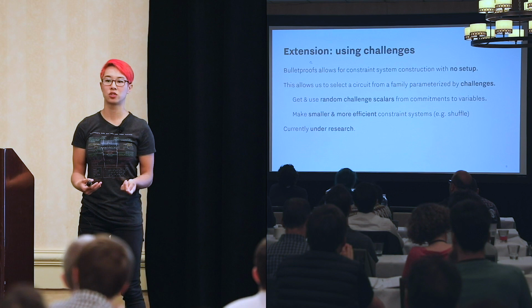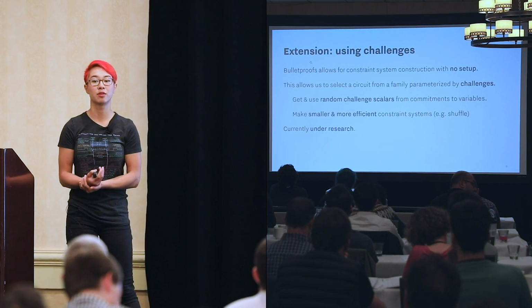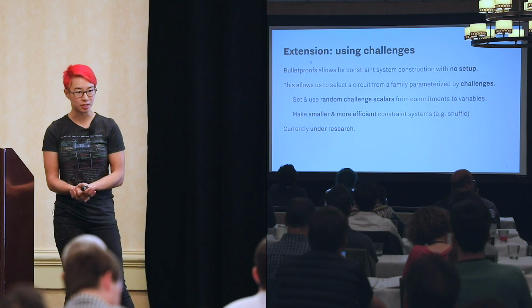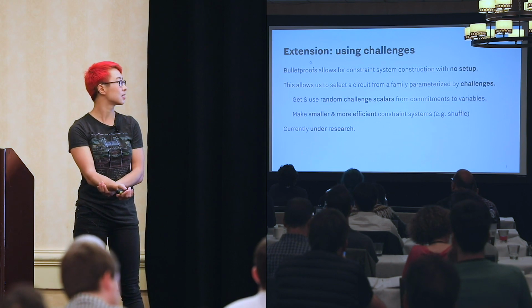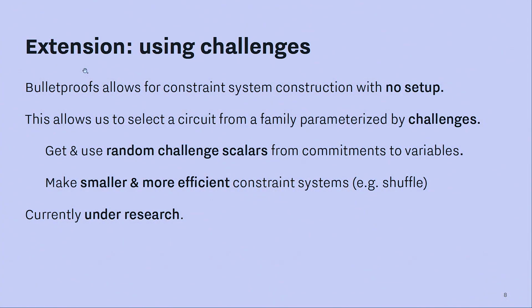Because there's no trusted setup, you can select a circuit from a family parameterized by challenges. What that means in practice is that you can commit to variables in Bulletproofs, high-level variables, low-level variables, make a commitment, and then get random challenge scalars from that commitment. This is really nice because it allows us to make smaller and more efficient constraint systems.